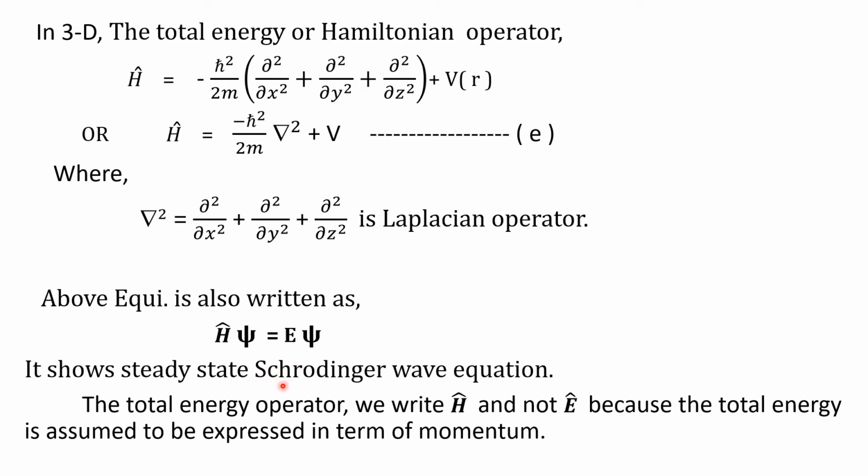It shows the steady state Schrödinger wave equation or time independent equation. The total energy operator we write as H hat but not E, because the total energy is assumed to be expressed in terms of momentum.